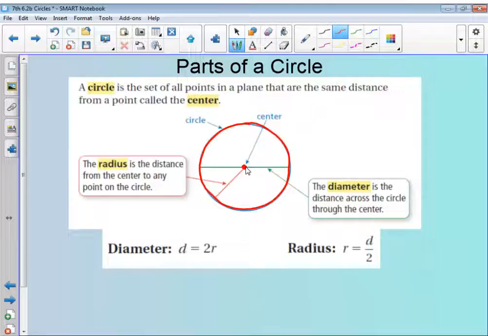So the radius is the distance from the center to any point on the circle. Our radius would be this part right here, from the center that touches the outside of the circle. Radius is the shorter of the two distances. One way that I try visually to remember radius and diameter, because they're oftentimes flip-flopped, is because the radius is only part of the way.